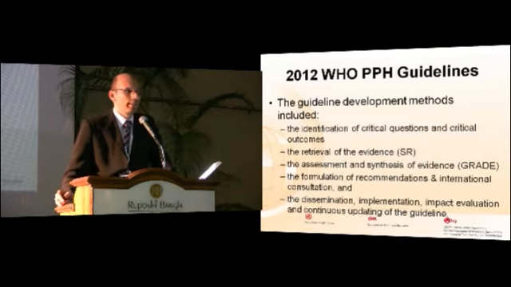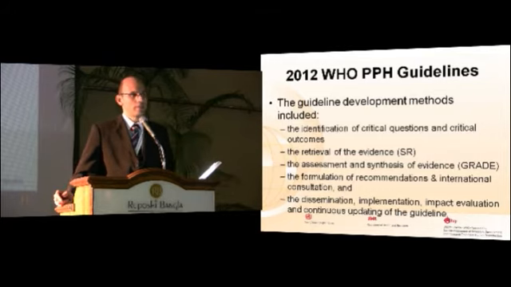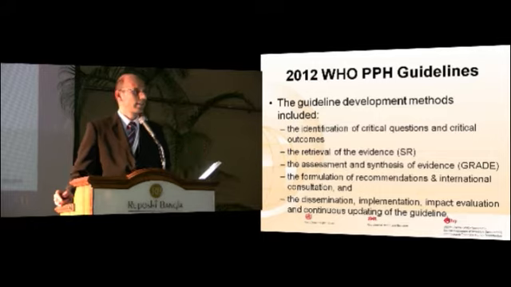The official release of these recommendations will take place during the summer of 2012, possibly in August. I want to highlight the fact that the WHO guidelines are developed through a systematic process that includes the identification of critical topics and the extensive use of systematic reviews. For instance, in this guideline, we used over 30 systematic reviews.